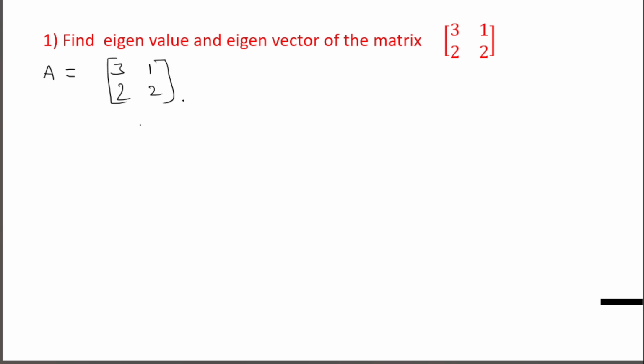Firstly, we have to find the characteristic equation of the matrix. This matrix is of order 2 cross 2.